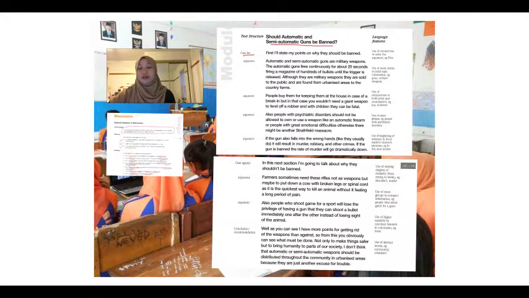As you can see here, paragraph 1 serves as the statement outlining the issue, or sometimes we call it thesis, to be discussed throughout the text. In the example here, the author began with his first case or thesis: why automatic and semi-automatic guns should be banned. Paragraph 2, 3, 4, and 5 serve as the arguments used by those who agree or are in the proposition to ban automatic and semi-automatic guns.